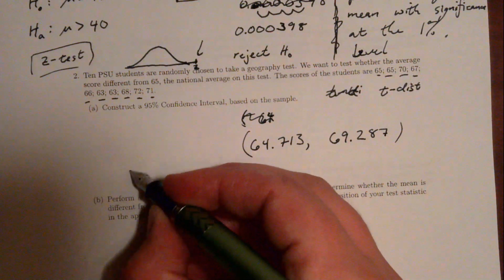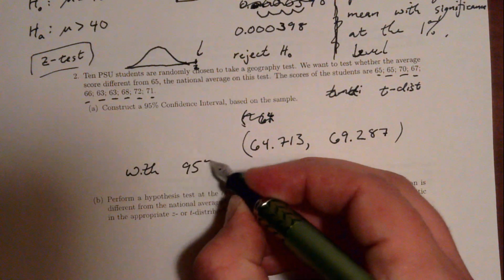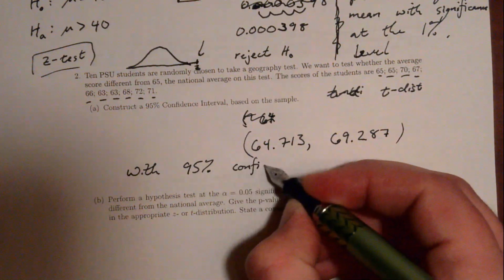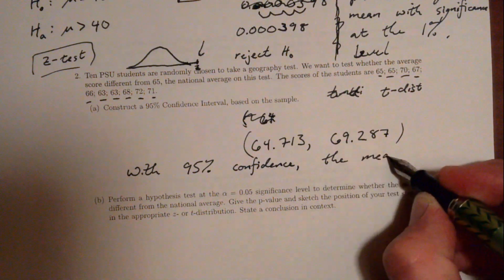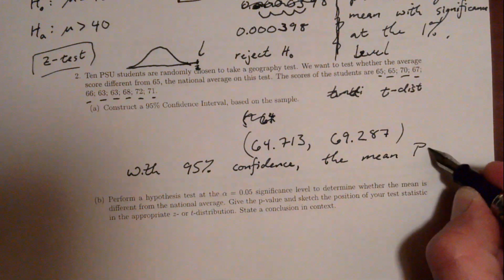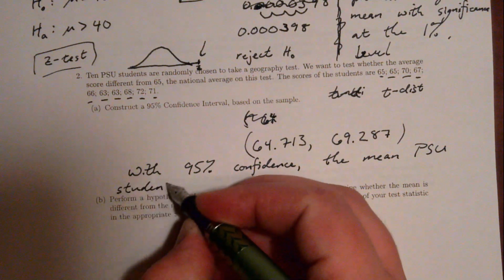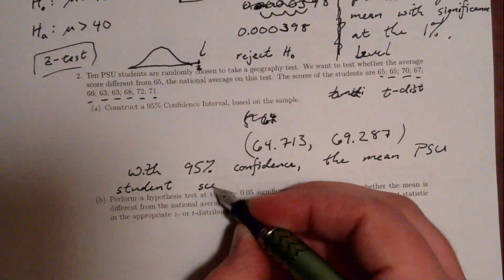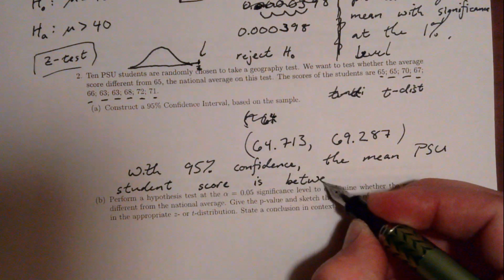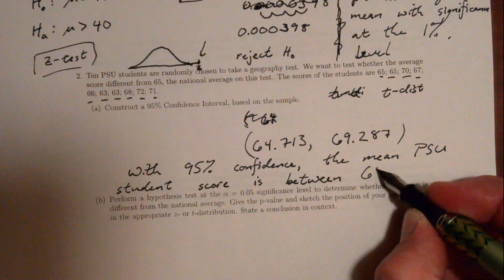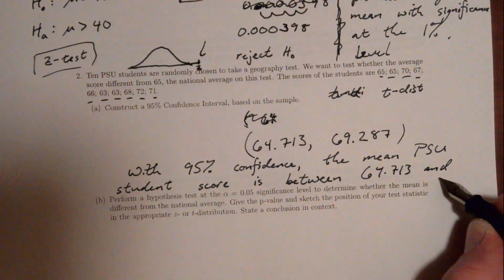I would say with 95% confidence, the mean PSU student score is between 64.713 and 69.287.